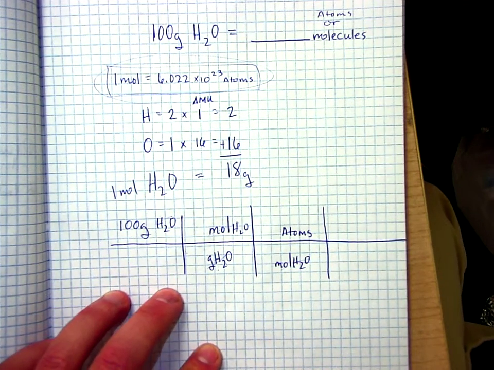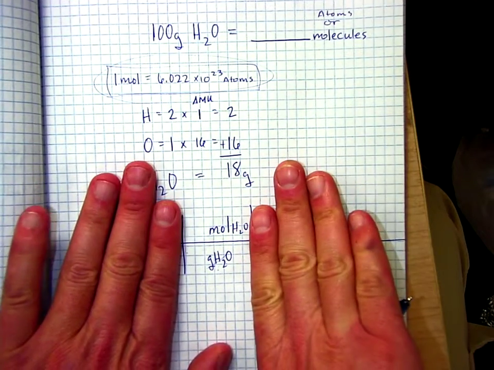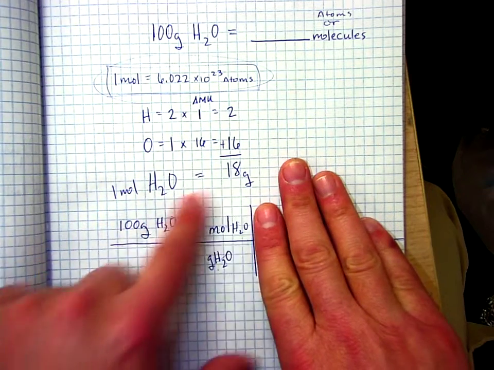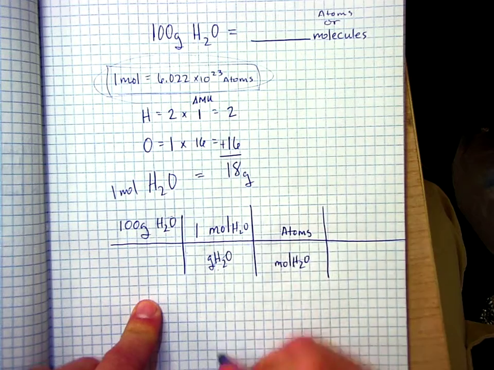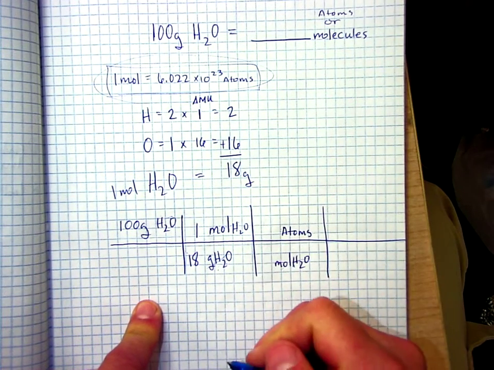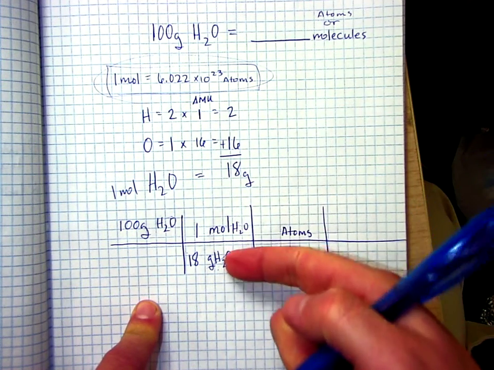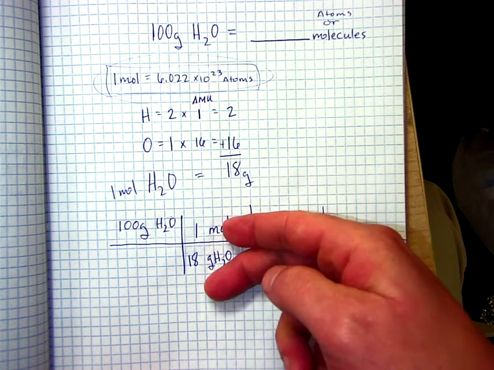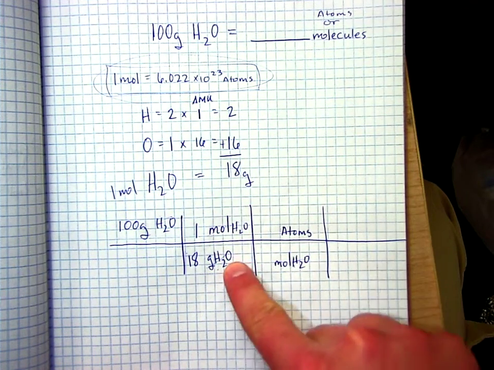Now, I need to make true statements out of these. How many moles in grams? Well, I know from this math that 1 mole of H2O has 18 grams. It would never be 18 moles have 1 gram. Now, sometimes the 18 grams may be on top, sometimes the 1 mole may be on the bottom.